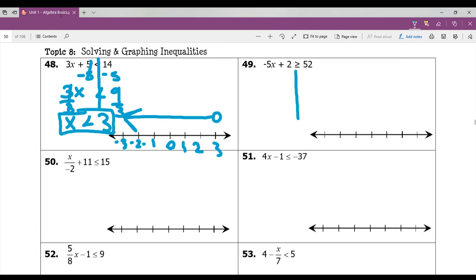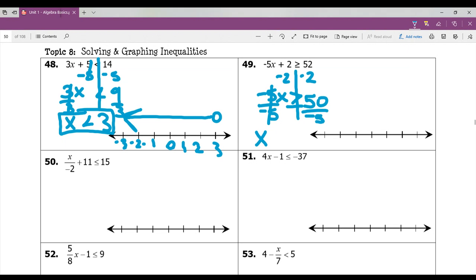Alright. Let's do this one. Subtract 2, subtract 2. Negative 5x is greater than or equal to 50. So I'm going to divide by negative 5, divide by negative 5. So here is where that difference comes up.